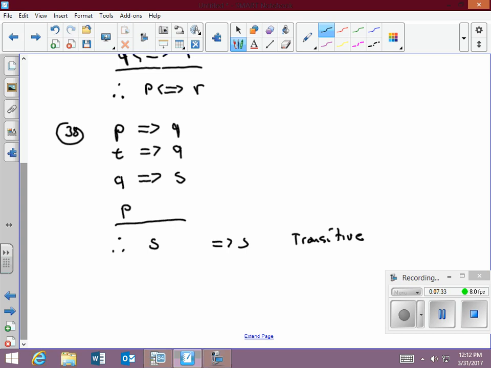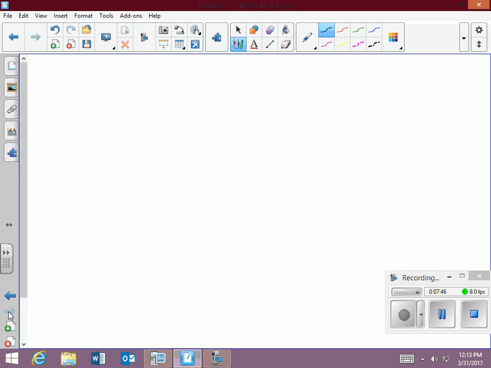Next group of problems says for each statement given in problems 39 through 44, write the equivalent conditional statement in if-then form. So 40 says the height of an equilateral triangle with a side of length S is S over 2 square root of 3.